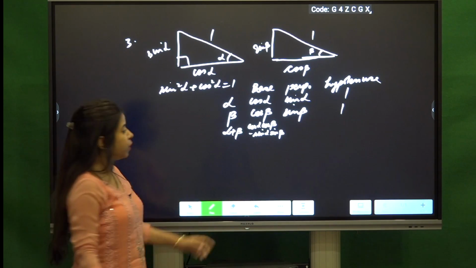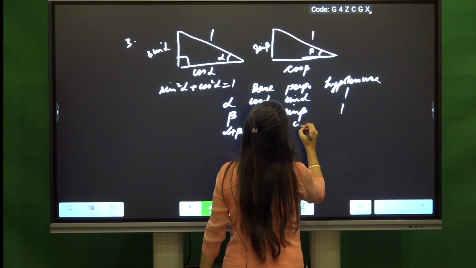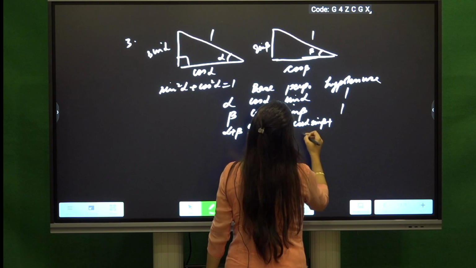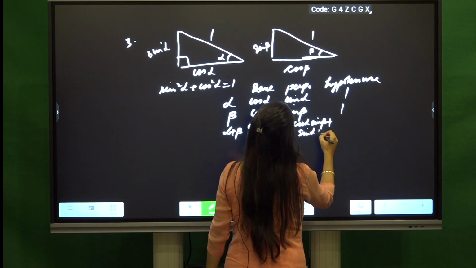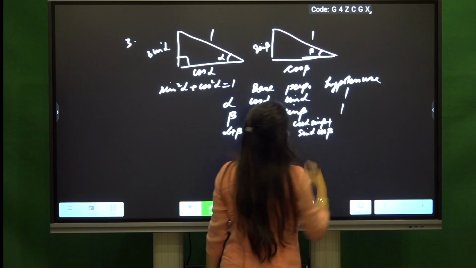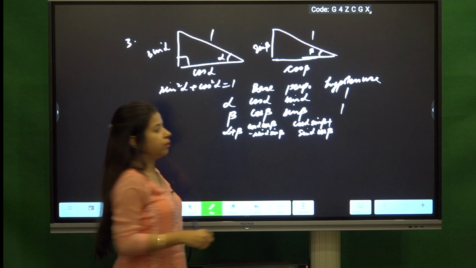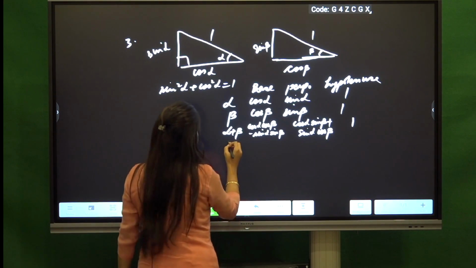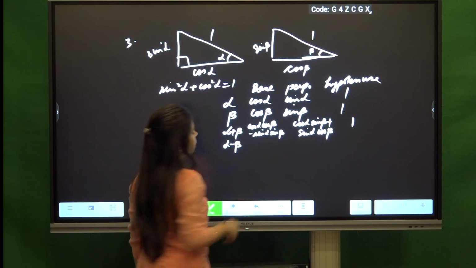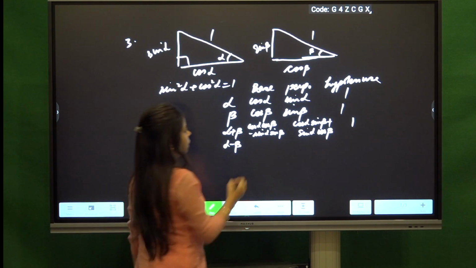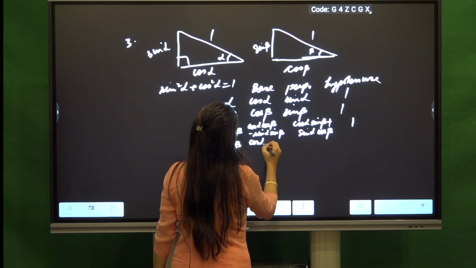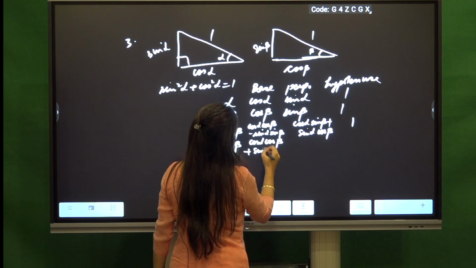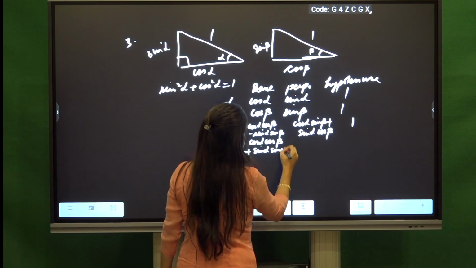Okay. For perpendicular we have cos alpha sin beta plus sin alpha cos beta. And for hypotenuse we have the product of 1 with itself, which is 1. For alpha minus beta we have cos alpha cos beta plus sin alpha sin beta.